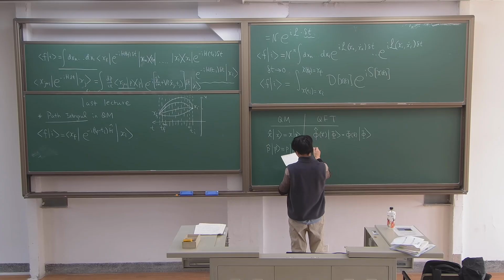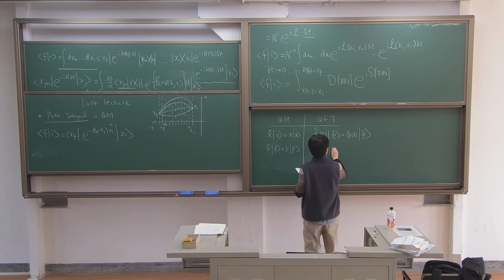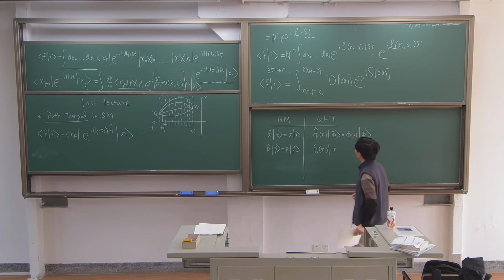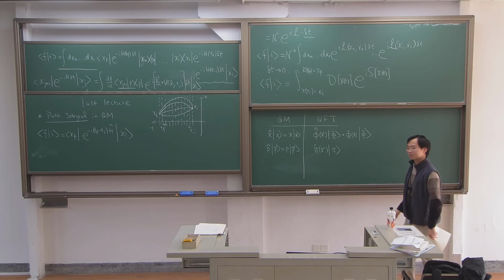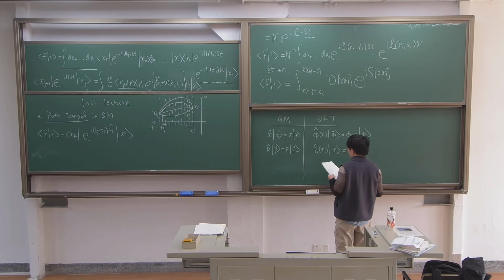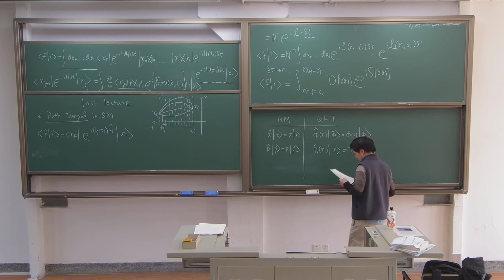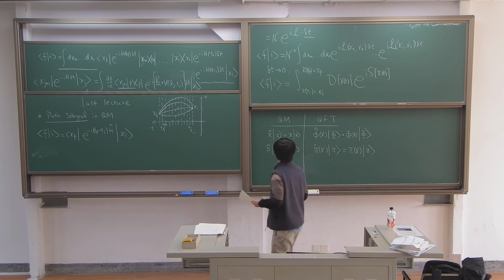Now in field theory, what you should put here is the conjugate momentum. And the conjugate momentum eigenstate will be pi. Now by acting with this operator, you get the eigenvalue pi as a function. This is what you have.